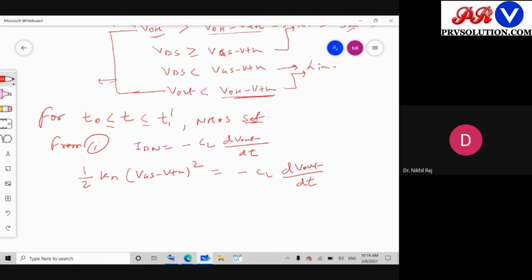So this is half Kn. What is VGS? VGS is nothing but here Vin minus 0. So (Vin minus 0 minus VTH) whole square is equal to minus CL dVout by dt.